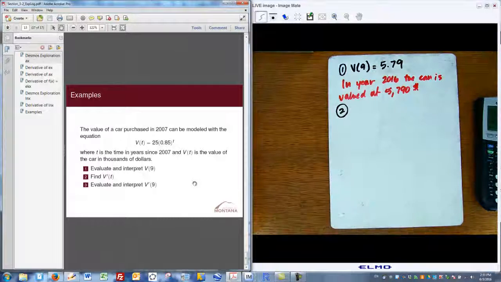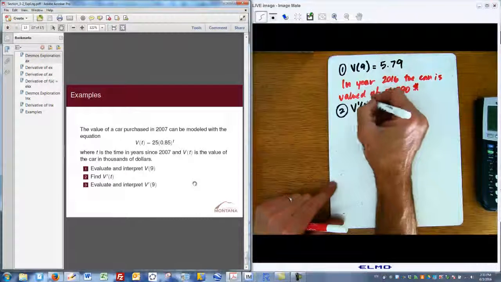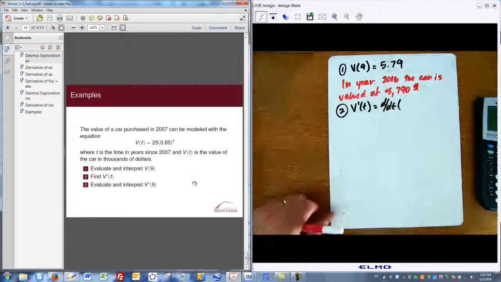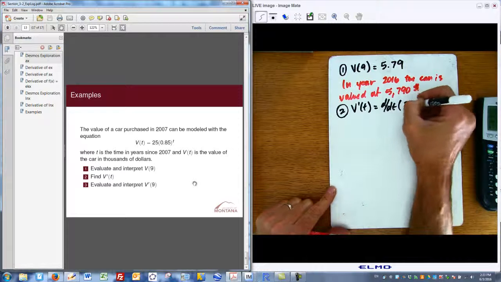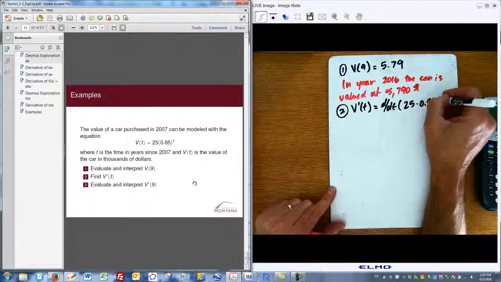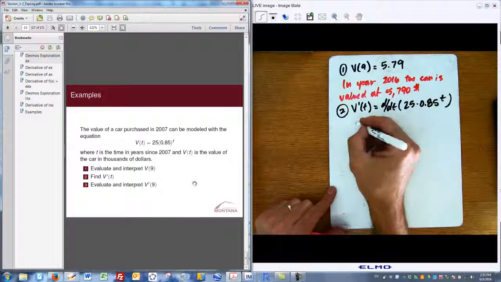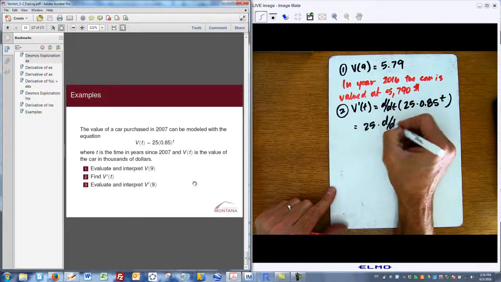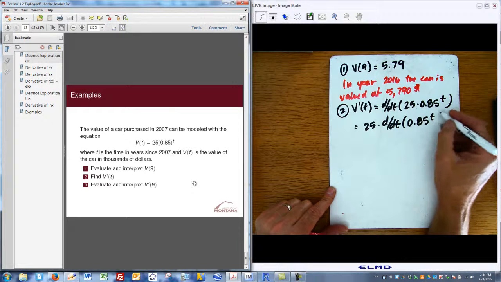Number two, we're supposed to find the derivative with respect to t. So v prime of t is going to be the derivative with respect to t. We're just swapping variables here, no x, just a t. 25 times 0.85 to the t. Okay, constant multiplier, we can bring that out in front. 25 times d by dt of 0.85 raised to the t.